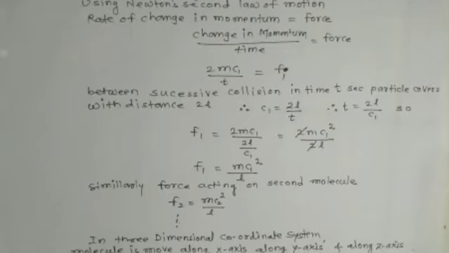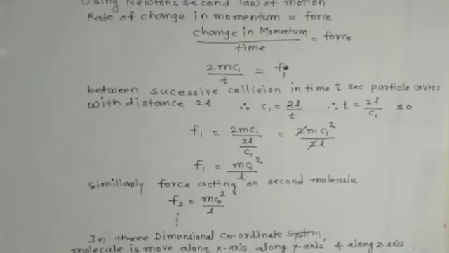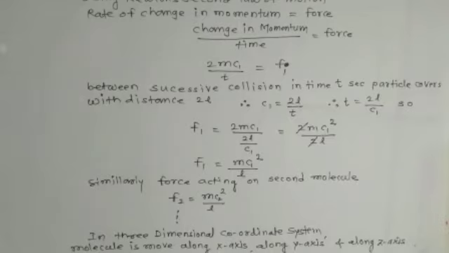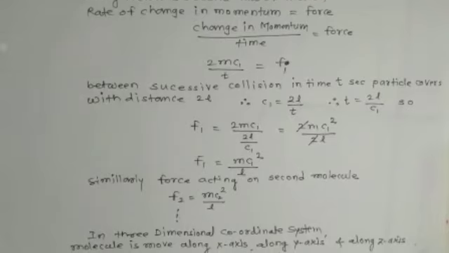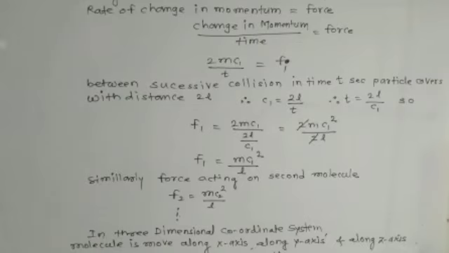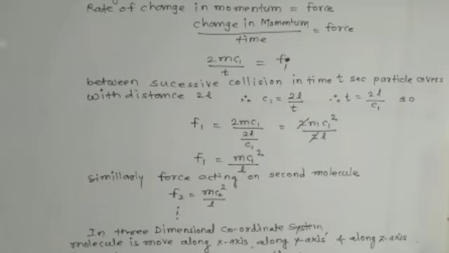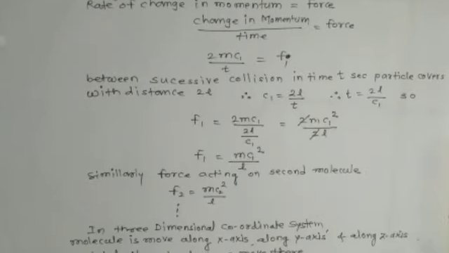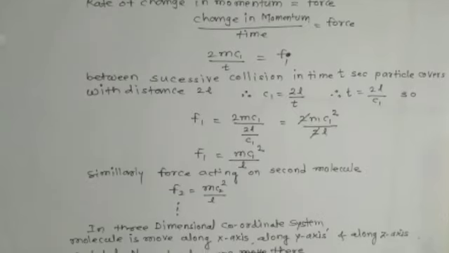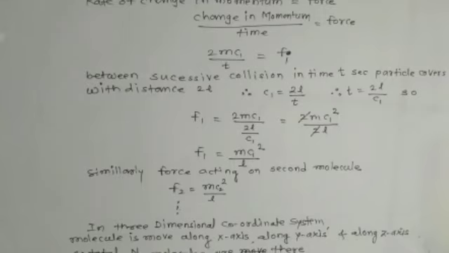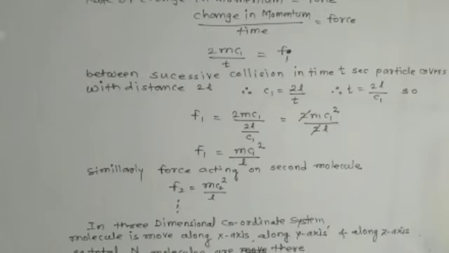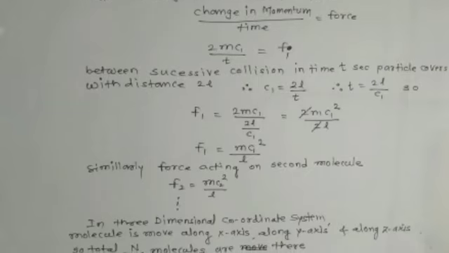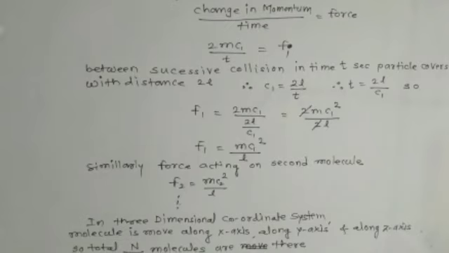So velocity c1 equal to 2L upon t, and therefore t equal to 2L upon c1. So F1 equal to 2mc1 upon 2L upon c1, which is equal to 2mc1 square upon 2L. 2 gets cancelled. So the force acting on the first molecule F1 is equal to mc1 square upon L.